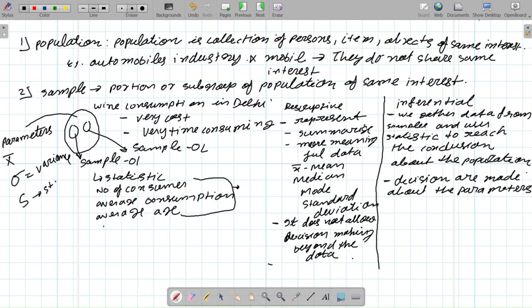Now the question is how we can predict about the population using the sample statistics. To deal with it, probability comes into the picture. That's why we will study probability distributions in the coming chapters.